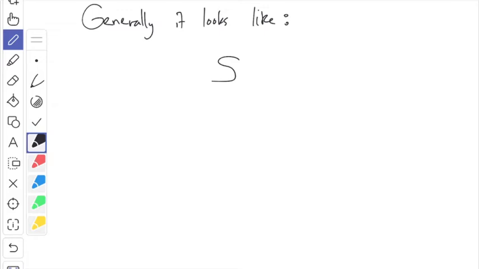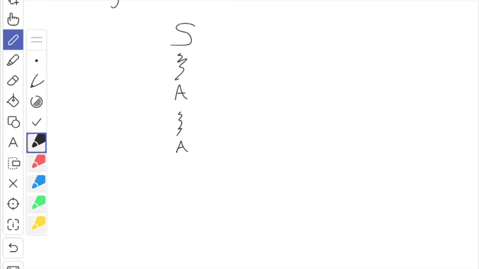I'm going to draw sort of a schematic here. That squiggly means that's not necessarily just one thing, but I'm just trying to indicate there may be all kinds of other stuff happening in the tree, but there's part of the tree in which the A is below the S. And then you have another A sitting below that A. Again, it doesn't have to be immediately below, it just has to be somewhere below it. And then this A turns into some string at the end, say W.